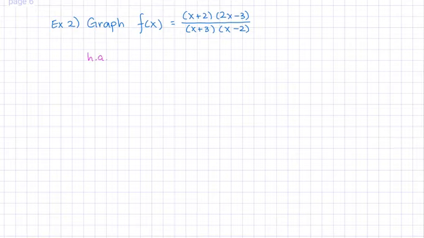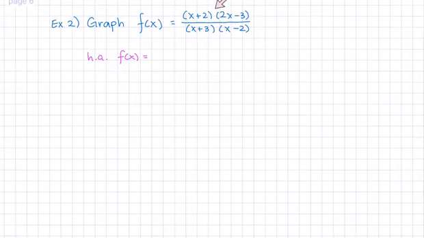But for the horizontal asymptote, this time I have it factored. But we still have to think of the degree of the top and the bottom. So you're going to want to think of this thing all multiplied out. But it's like our end behavior from the last unit. You don't actually have to fully multiply out the top and the bottom. It's all about that leading term. So if we do x times 2x, we'll have 2x squared in the top plus some other stuff that we don't care about.